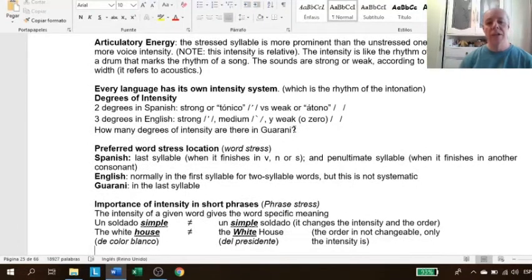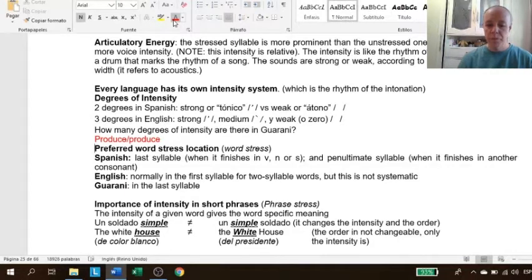In English, when we change the stress in the word, let me write a word here. Produce. Produce versus produce. Notice that both words are spelled exactly the same.